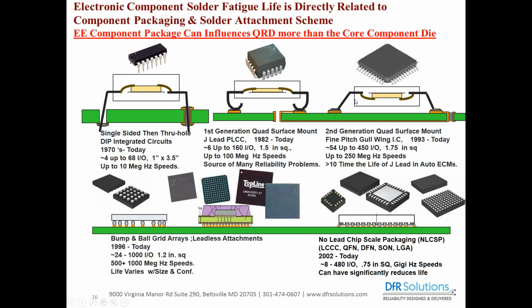The lead was like a spring that would allow relative motion instead of transmitting all the micromotion stresses into the solder joint, which would produce rapid solder fatigue failures. And we would get these to last 10, 12 times longer than the J-leaded solder joints.